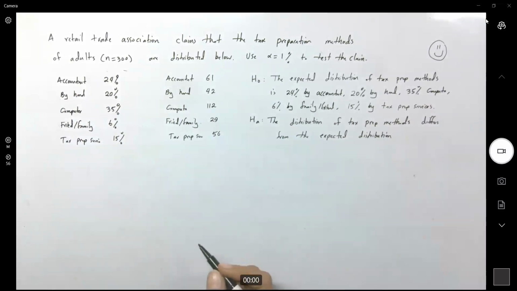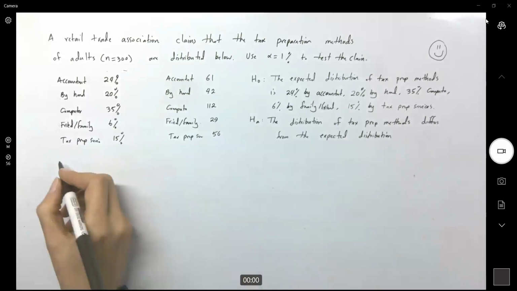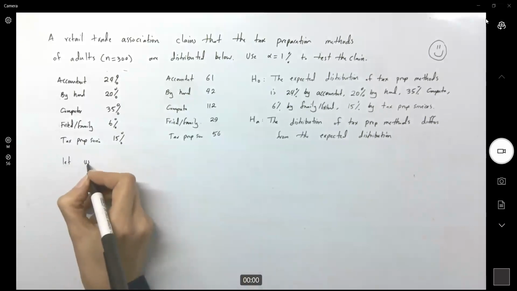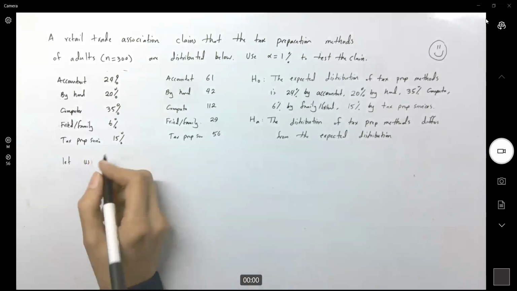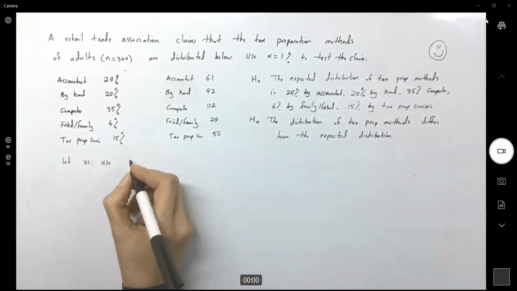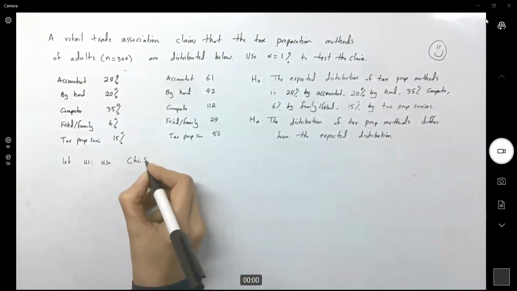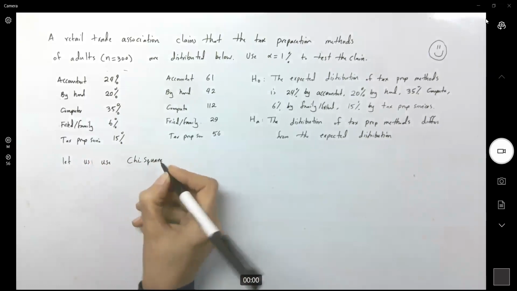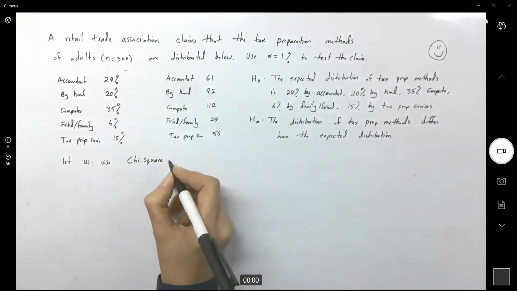Well, what are we going to do? We're going to use the chi-square goodness of fit test.